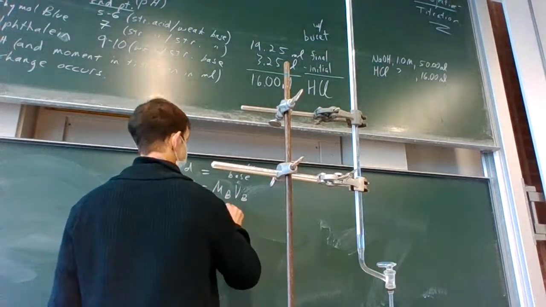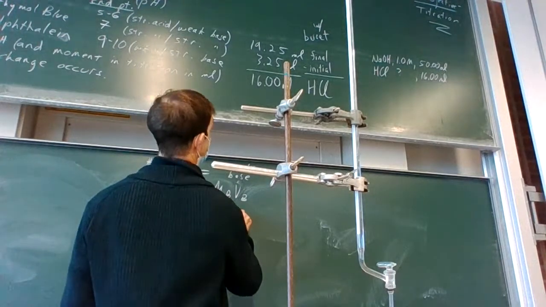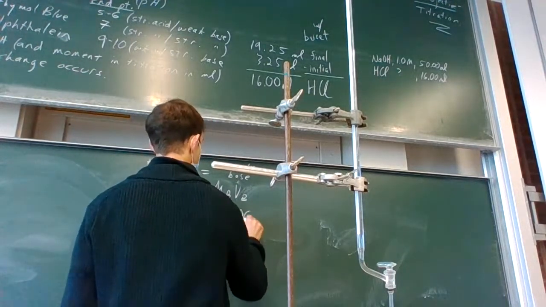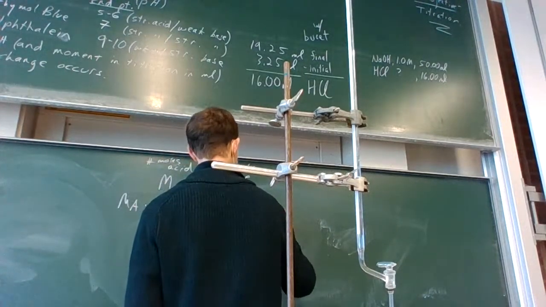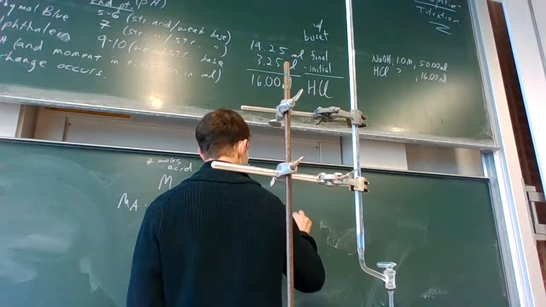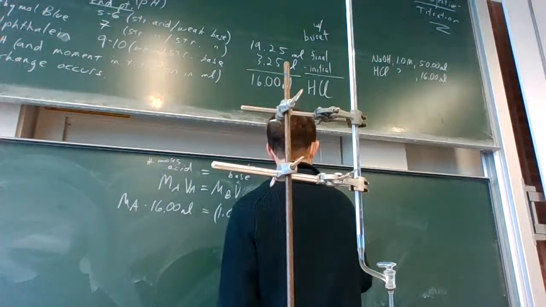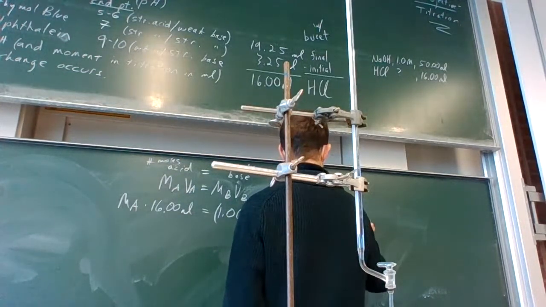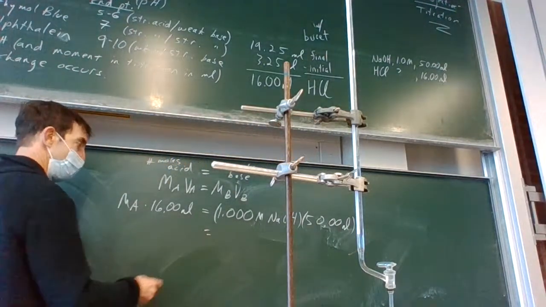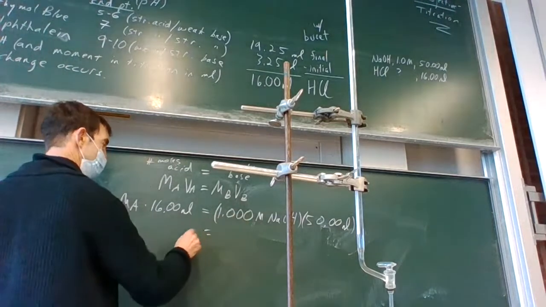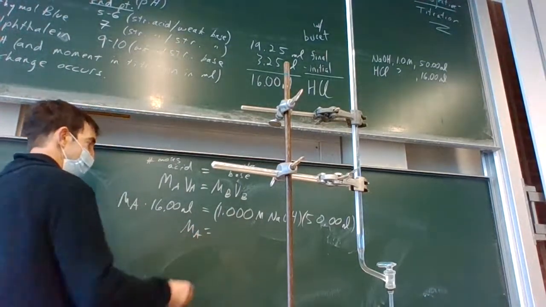And on the other side, we had 1.0, we'll say 1.000 to be nice, keep four sig figs, molar NaOH times 50.00 milliliters of my base. And we can pretty well do that in our heads, can't we? Look at that, 1 is easy. So for the concentration, I just divide 50 by 16.